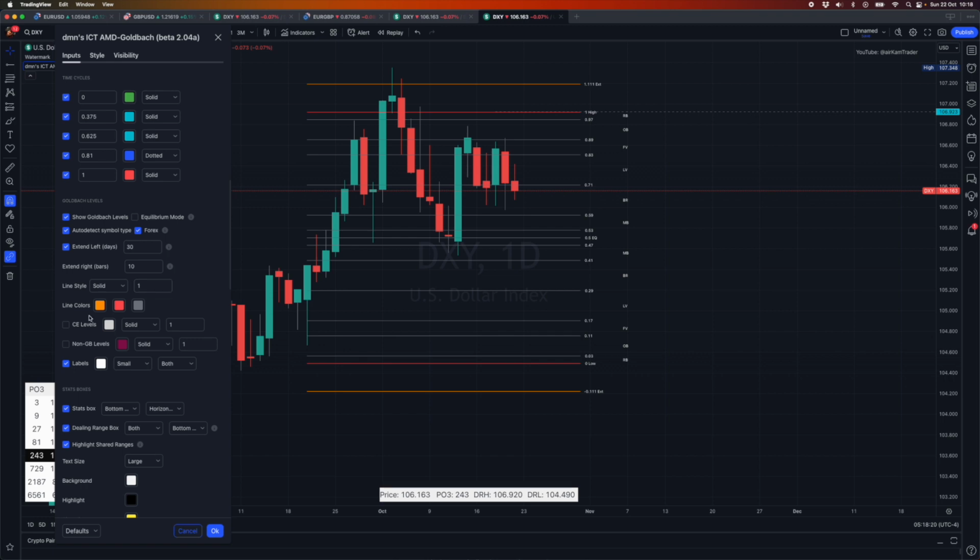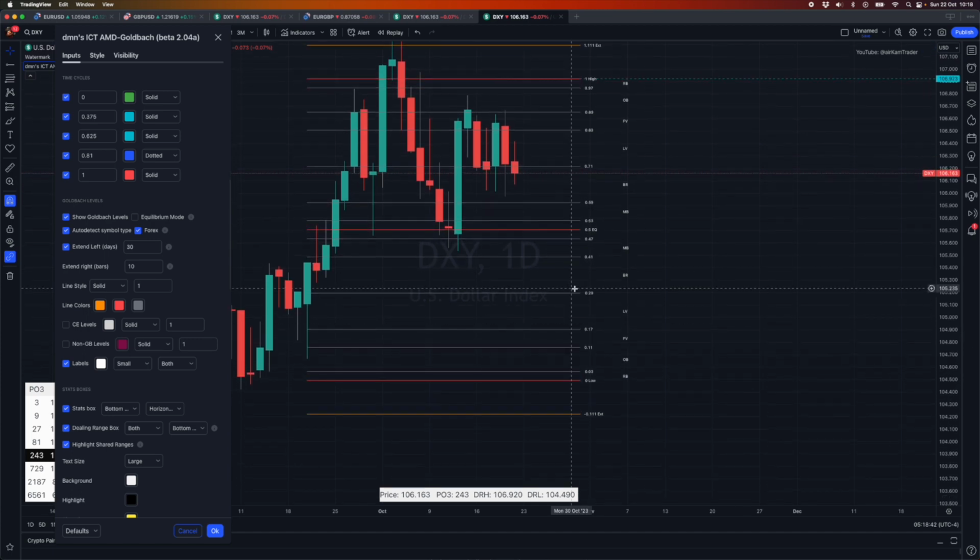Now, CE levels can be very powerful. So if you think about what ICT talks about, he talks about the consequent encroachment of things like order blocks and other PDAs. Now, what does consequent encroachment actually mean when it comes to Goldbach?